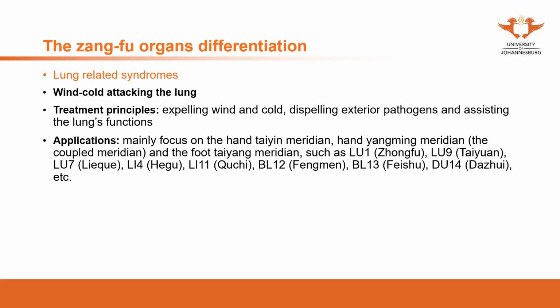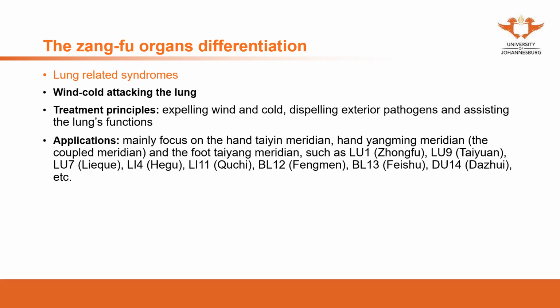The foot Jueyin meridian, that's the liver, is also linked to the lung. The stomach is also linked to the lung. The lung meridian originates from the middle jiao, which is the spleen. So as you can see from the relations of meridians, they connect to each other among the different organs.